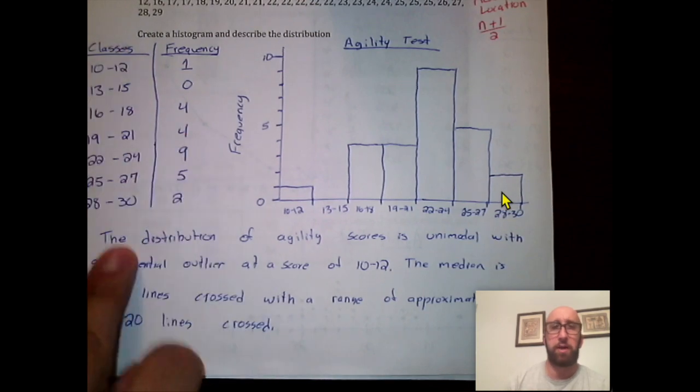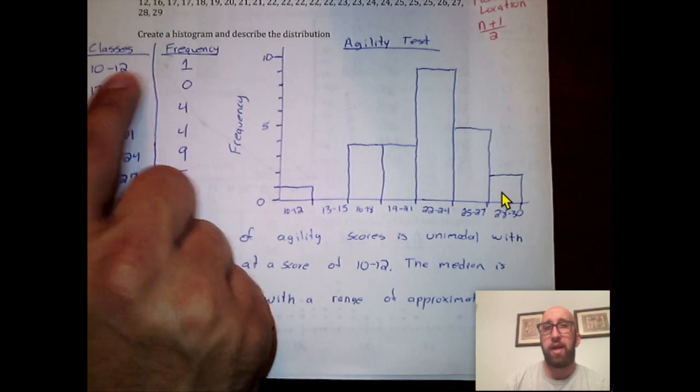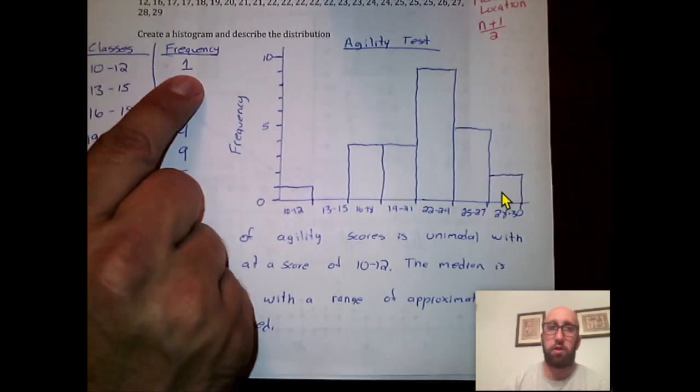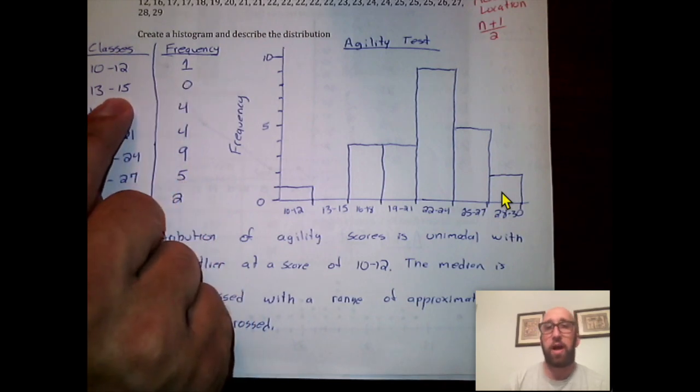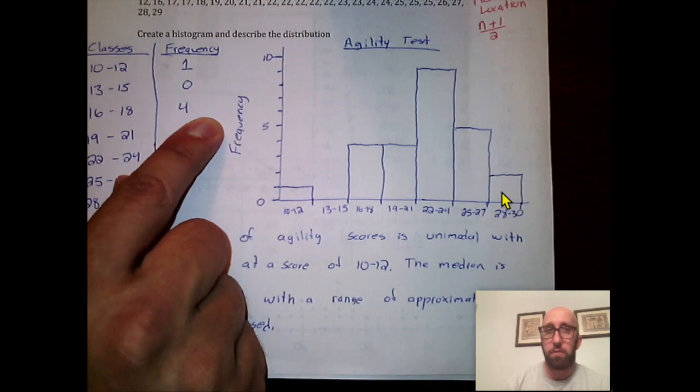You get the point. I made my classes first, and then I went back to my data up above and counted the frequencies. How many data points do I have in 10 to 12? I just have 1. How many in 13 to 15? I have 0. 16 to 18, 4 data points, and so on.